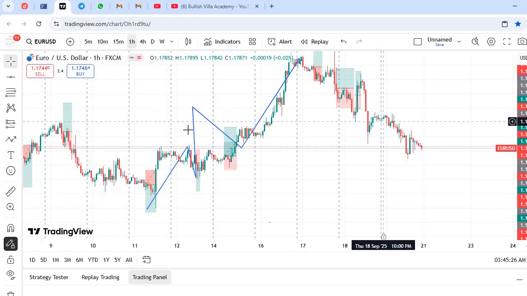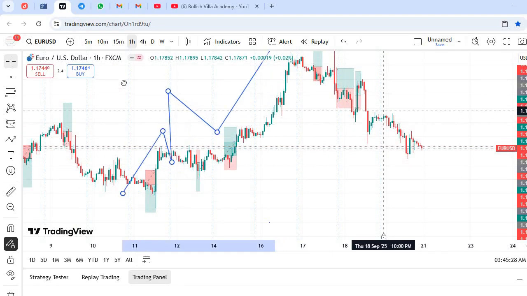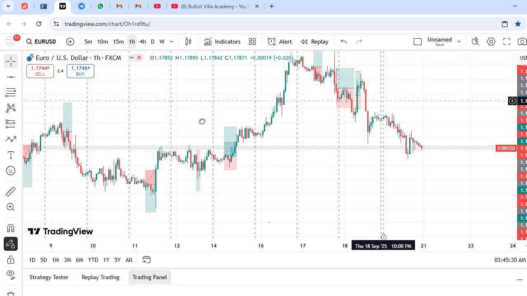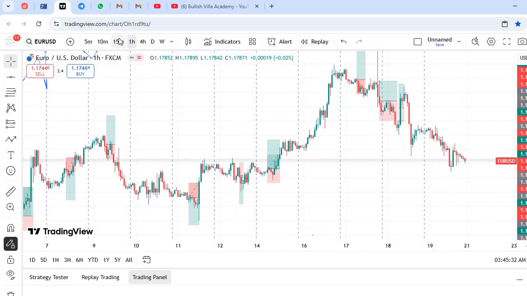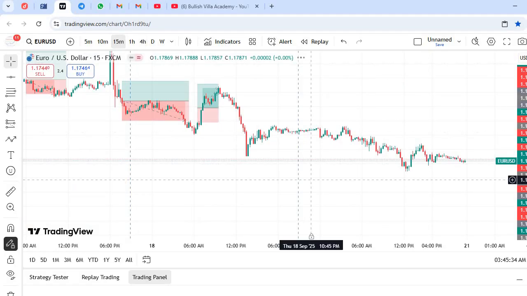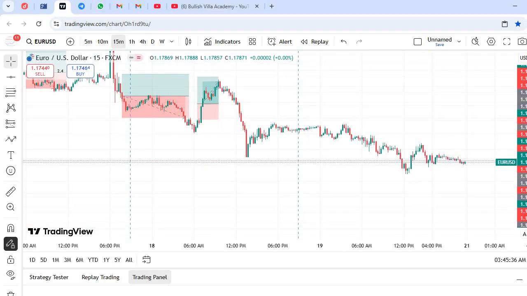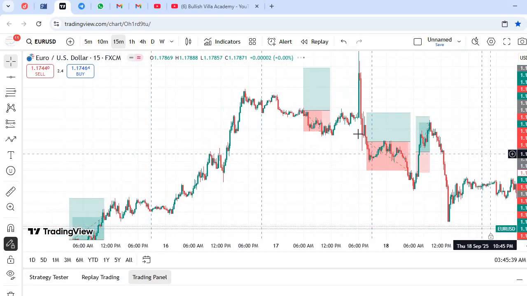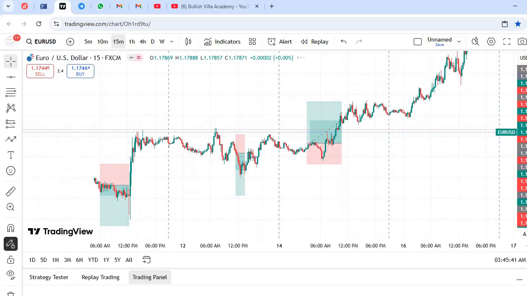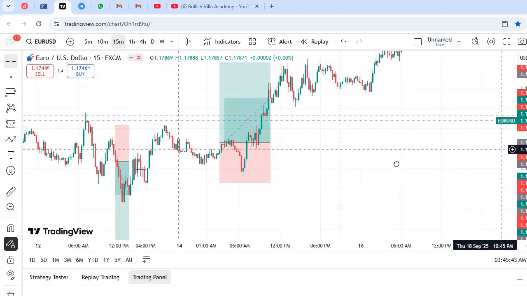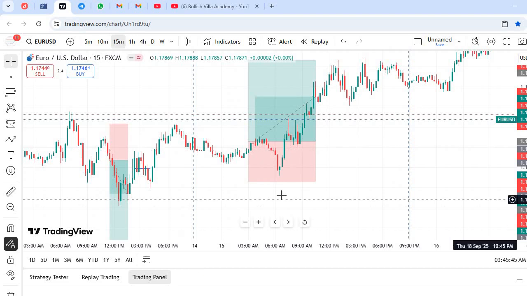Since the overall trend was an uptrend, what I did, I came down to my 15 minutes time frame. I usually enter my trade on 15 minutes, so I came down to 15 minutes to look for buying entries, my point of interest. So this was on the 15th.